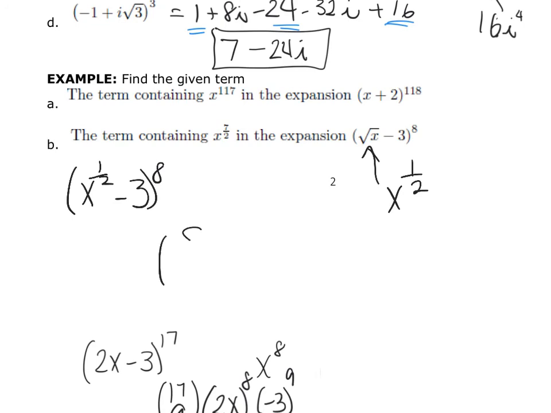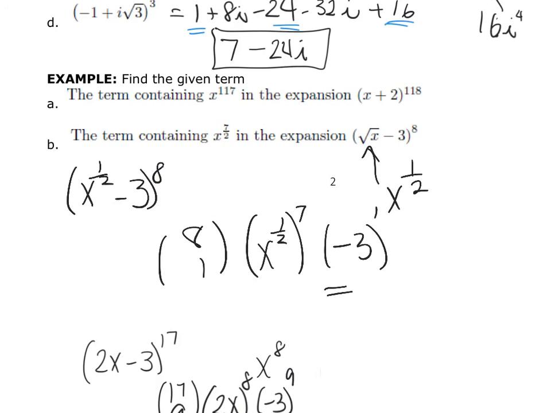So you have 8 choose 1, and then you have x raised to the 1/2 raised to the 7th power, and then you have minus 3 raised to the 1 power. This one I'm going to do because I can do it without a calculator.